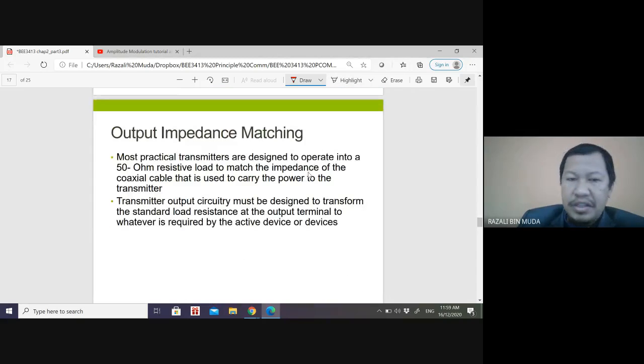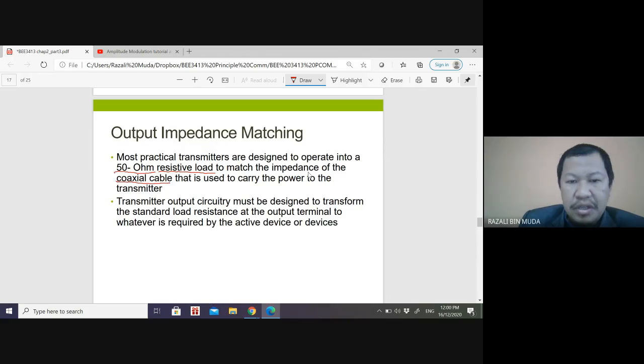Output impedance matching. Most practical transmitters are designed to operate into a 50 ohm resistive load, to match the impedance of the coaxial cable that is used to carry the power of the transmitter.